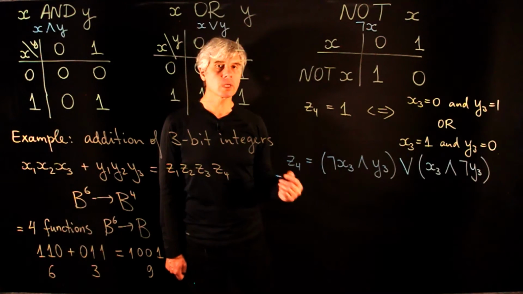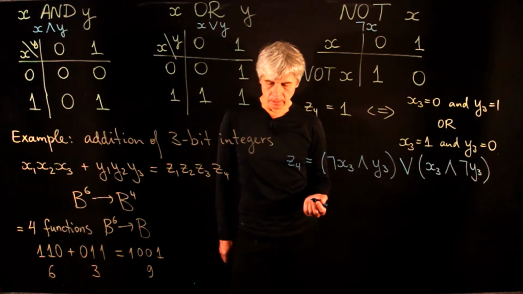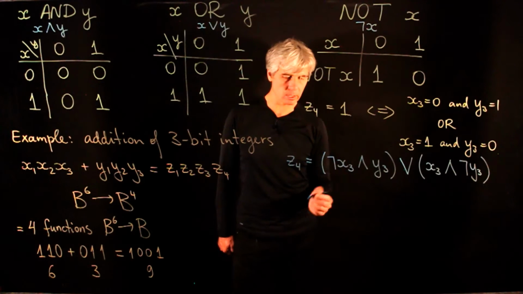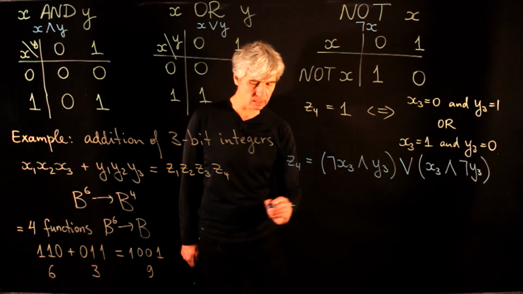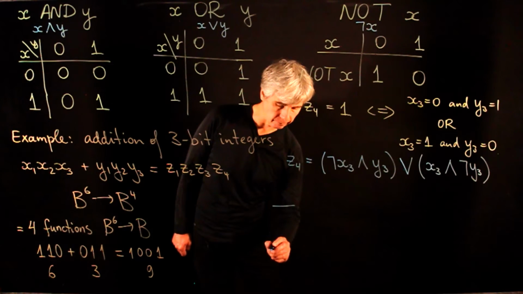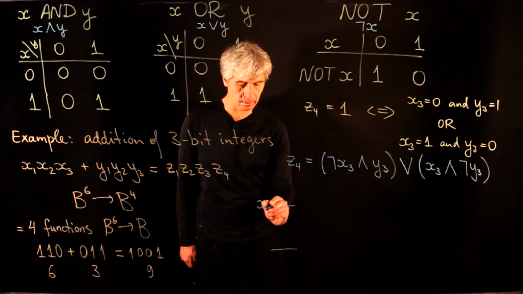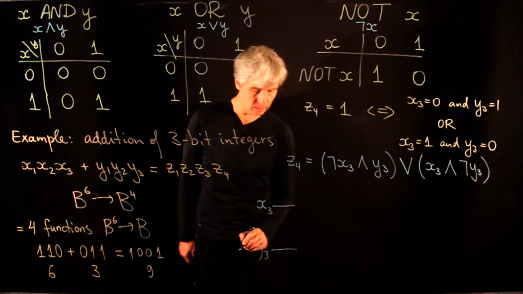And so in this course, we will also be using circuits. So let us draw a circuit for this function. So here we have the x3 input and y3 input.